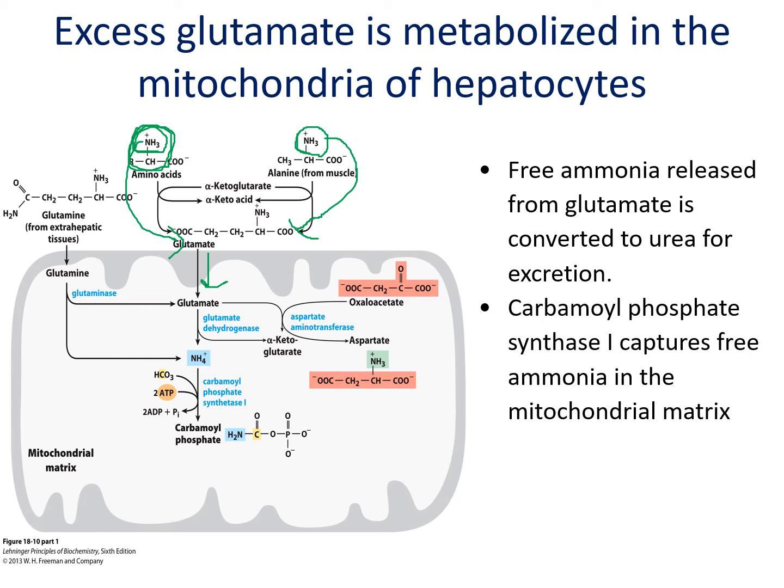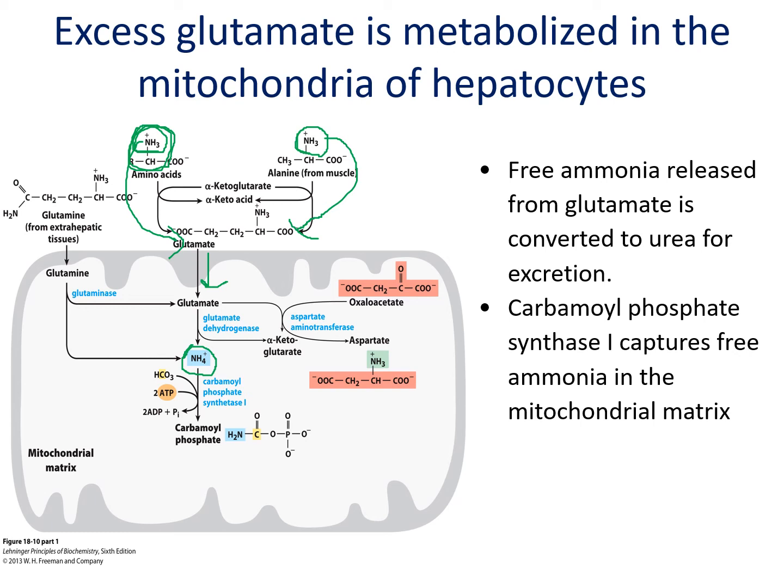And so we also learned that the glutamate takes off that ammonium utilizing a glutamate dehydrogenase. It's an oxidative deamination. So you have your oxidative deamination in the mitochondrial matrix of the liver cells, or the hepatocytes, and you have your ammonium here. So then we're going to learn what happens to that ammonium.